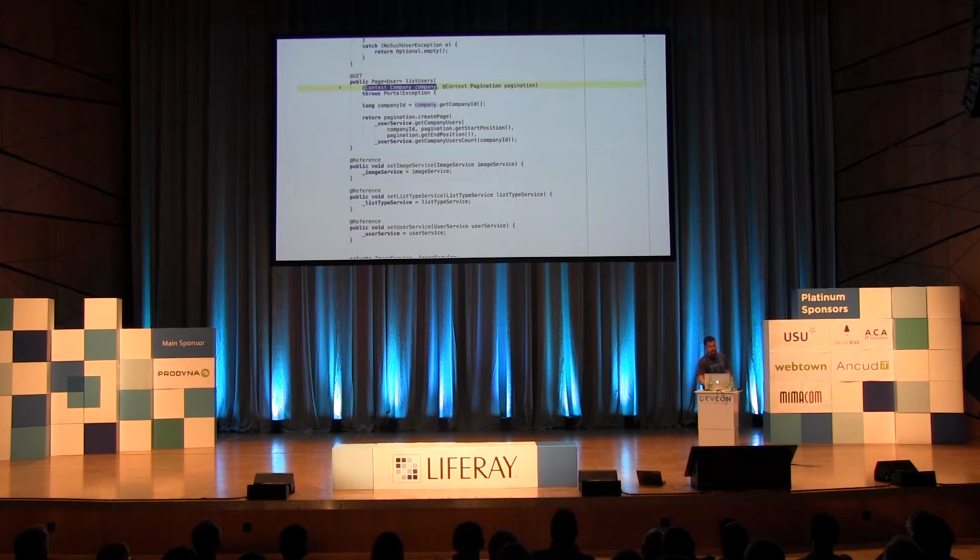The company is now being injected by Liferay inside our API as a parameter. And it's using virtual hosts or whatever other way that we want to pass this company to our API. In this example, it's using the virtual host. But you may want, for instance, an endpoint to use a specific company for that case and no other. So you can choose the way you provide this company here. The point is that you can reuse this application in many scenarios without having to touch the code necessarily.